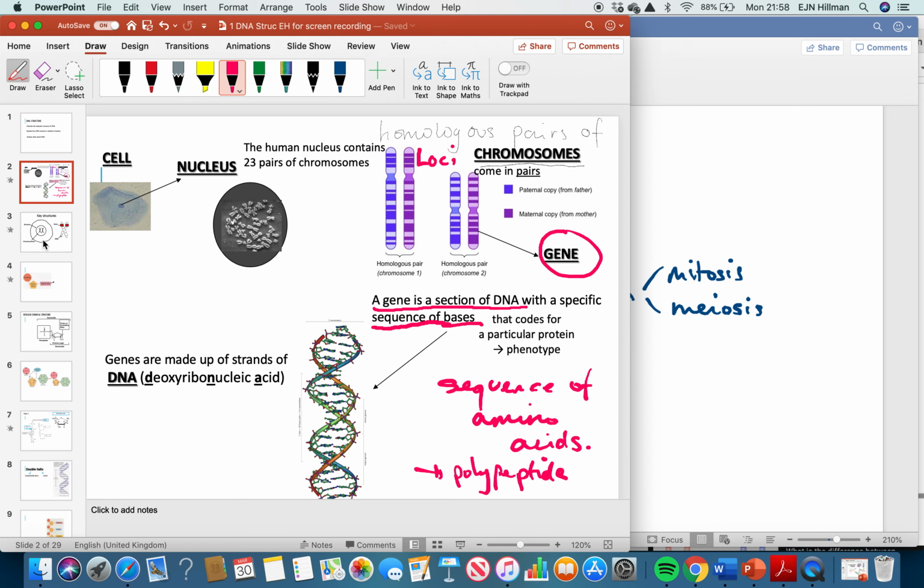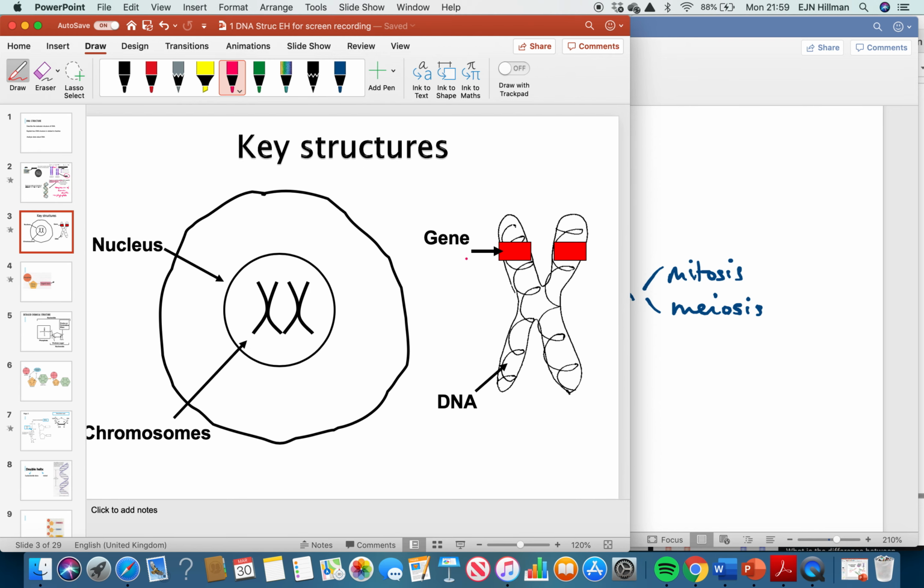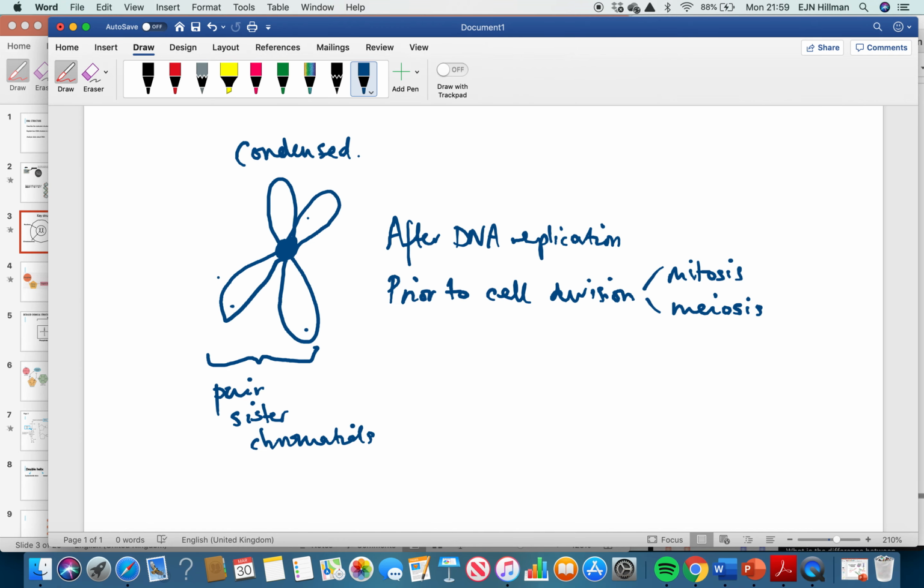So let's go to this next slide. Now it shows that chromosome existing again as this pair of sister chromatids held together by the centromere. And that's the same as on this diagram here. Okay, so the pair of sister chromatids held by the centromere. That centromere holds the two DNA molecules together.